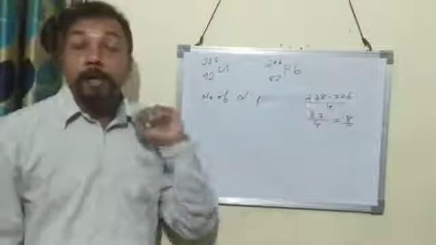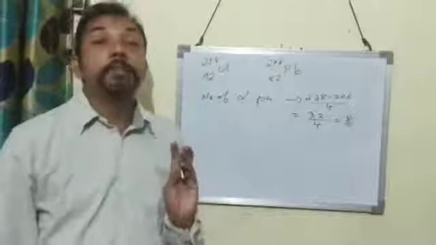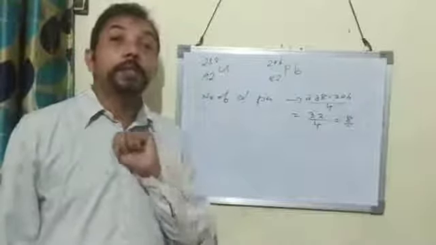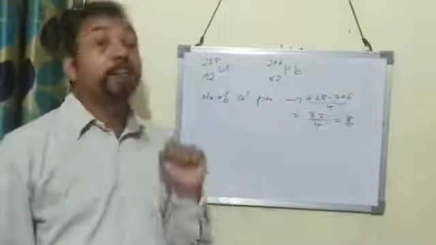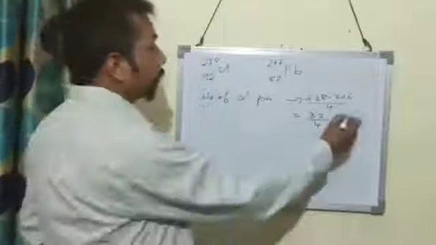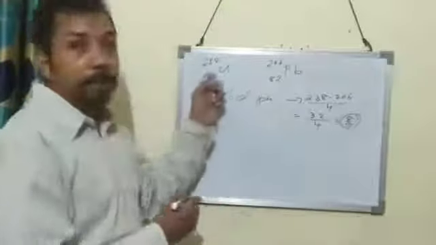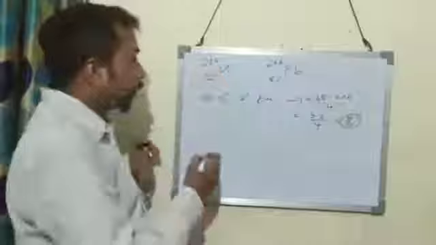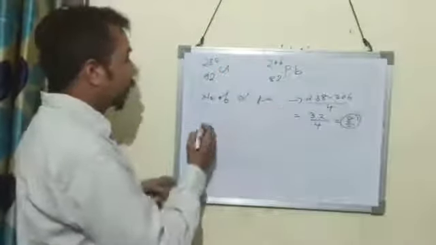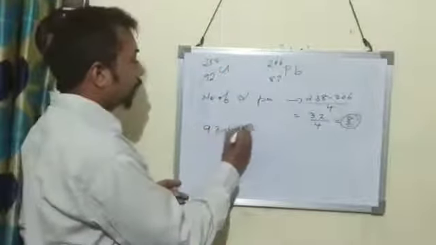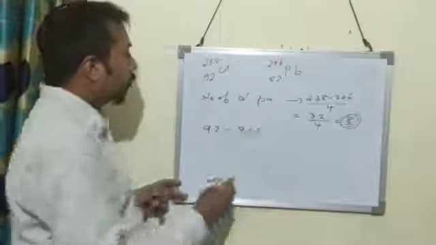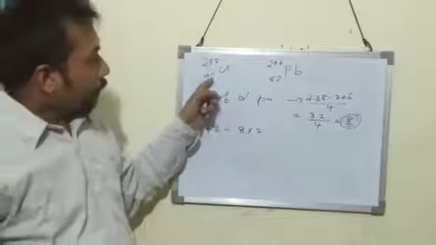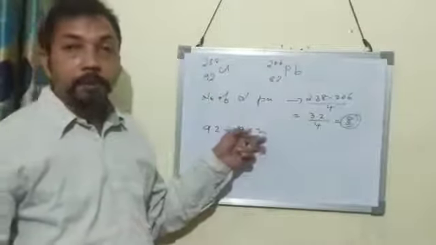Then in alpha emission, what change comes in the atomic number? Atomic number decreases by 2. So what will be the atomic number after the emission of 8 alpha particles? That will be 92 minus 8 into 2, because when 1 alpha particle is emitted, atomic number decreases by 2.